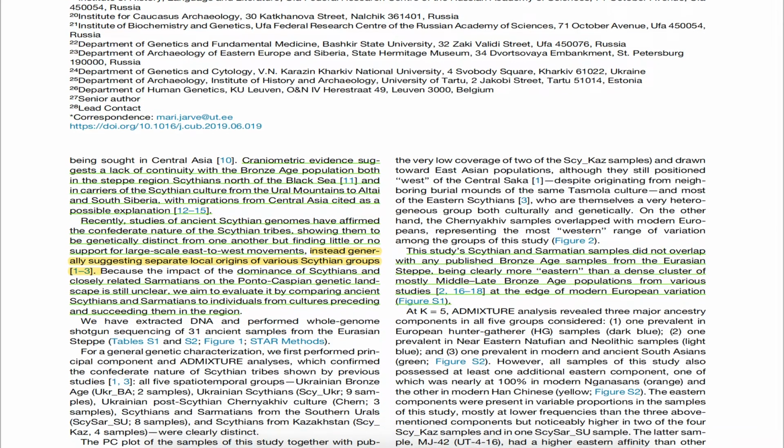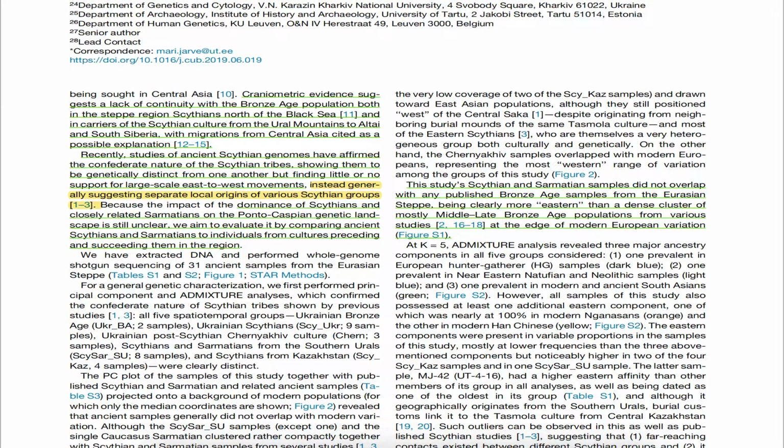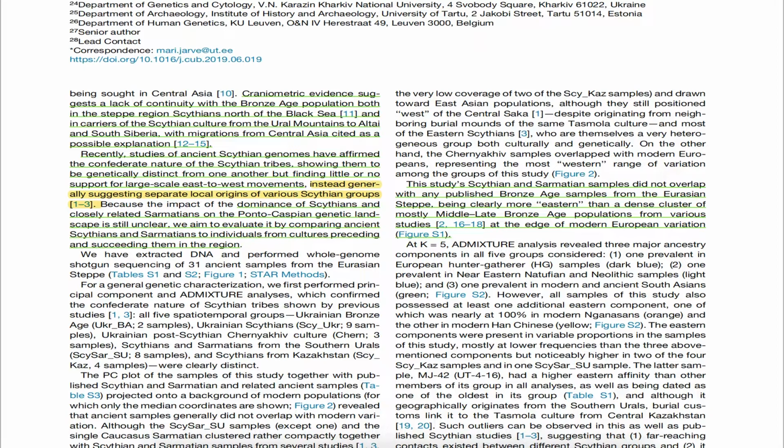This study's Scythian and Sarmatian samples did not overlap with any published Bronze Age samples from the Eurasian steppe, being clearly more eastern than a dense cluster of mostly middle-late Bronze Age populations from various studies at the edge of modern European variation.